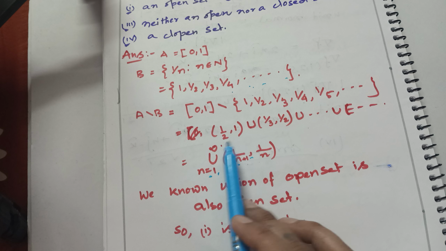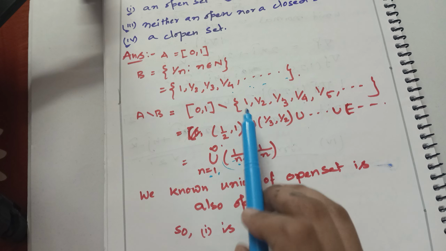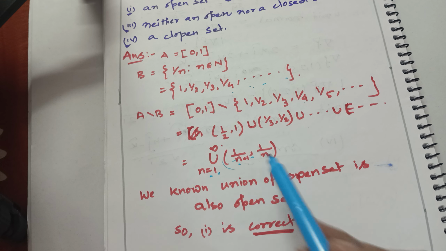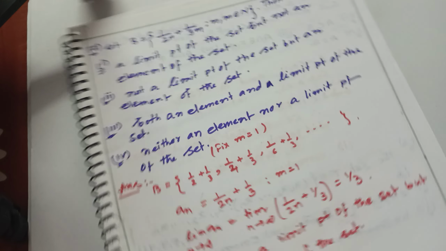This type of open interval exists if we discard 1, 1/2, 1/3, 1/4, 1/5 and so on. We also know that a union of open sets is also an open set. So definitely here the first option is correct. I hope it is clear.